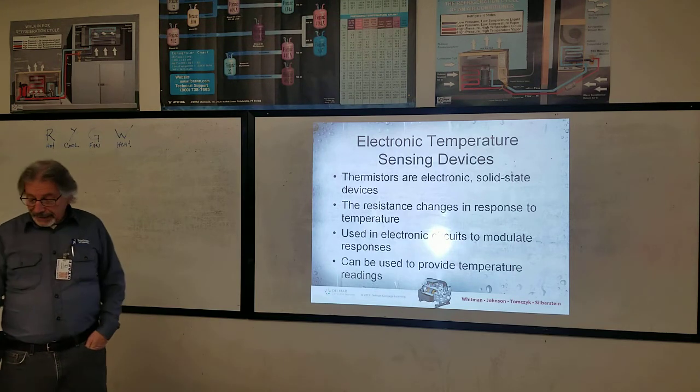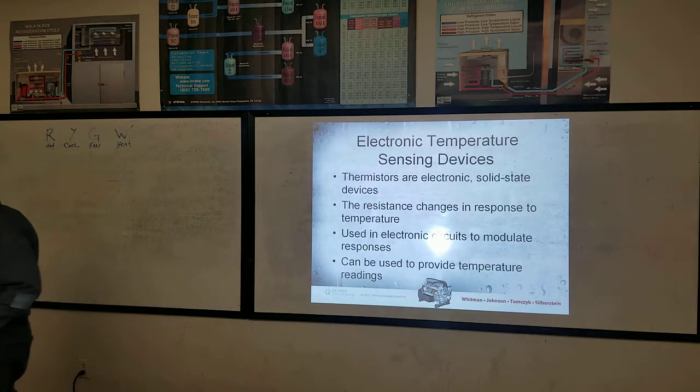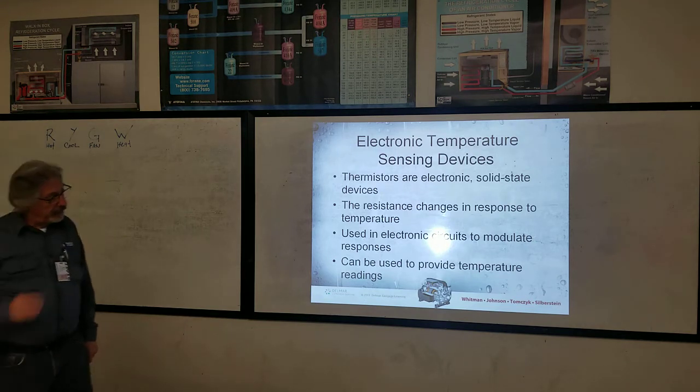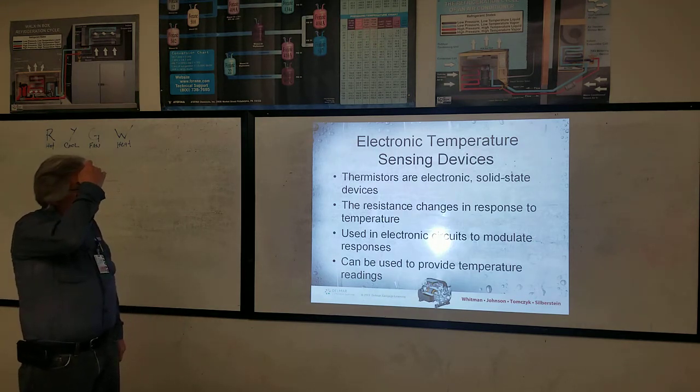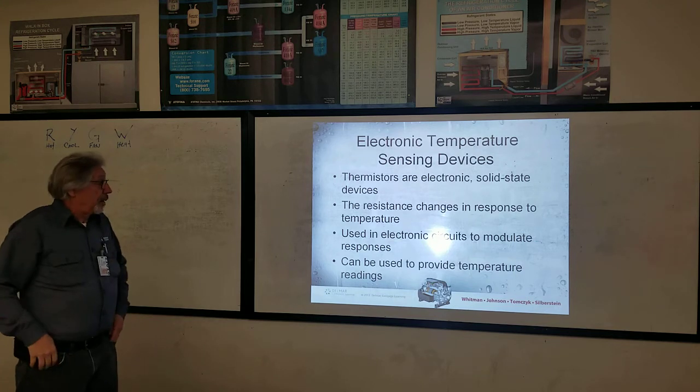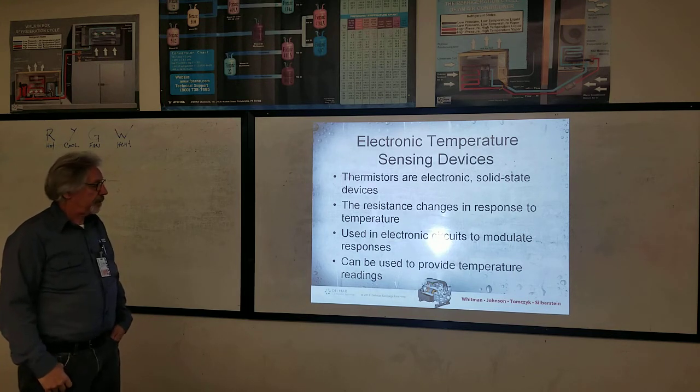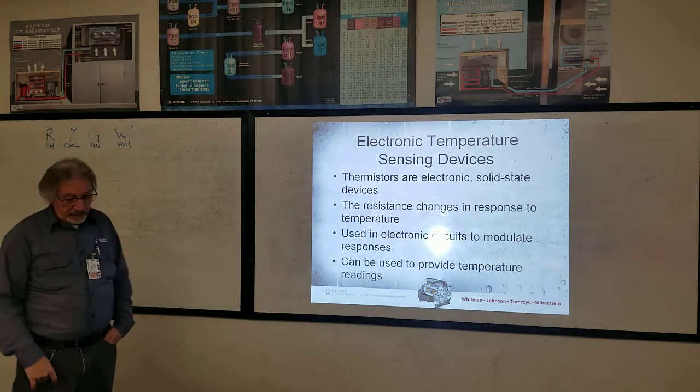Electronic temperature sensing devices. Thermistors are electronic solid-state devices where resistance changes in response to temperature, used in electronic circuits to modulate responses, and can be used to provide temperature readings.